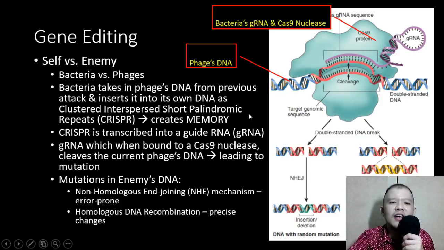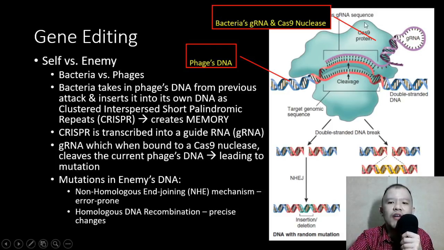It's being transcribed into a guide RNA, and this guide RNA becomes bound with a protein called a Cas9 nuclease, and this complex is responsible for fighting the next virus that it encounters.